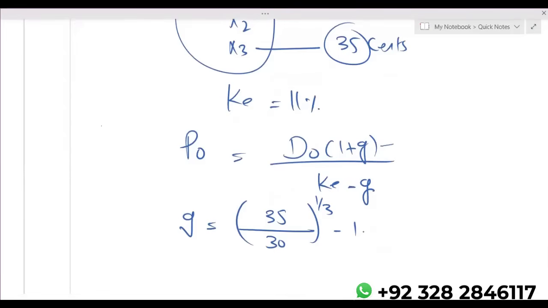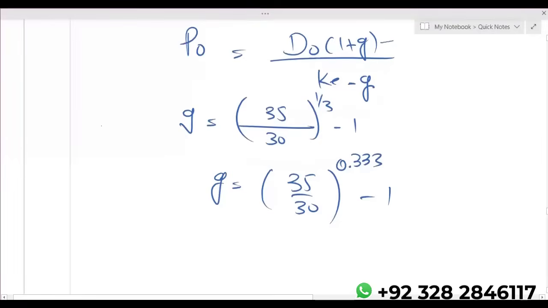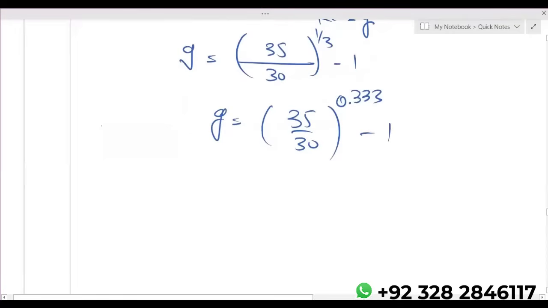35 divided by 30, then power 1 upon 3, which is basically 0.333. Whatever comes, minus 1, then into 100.